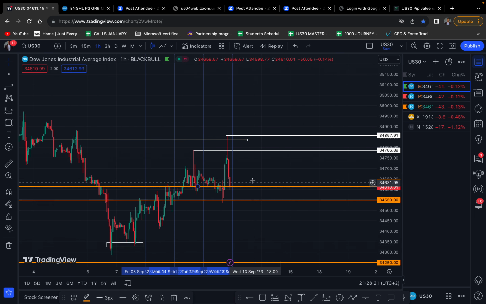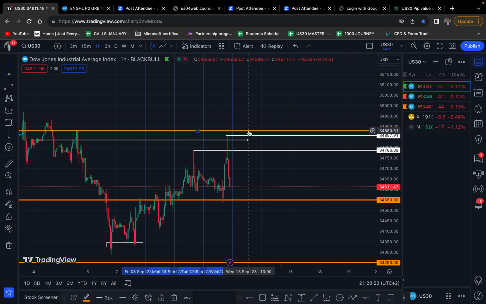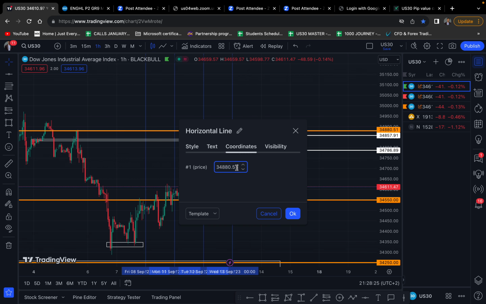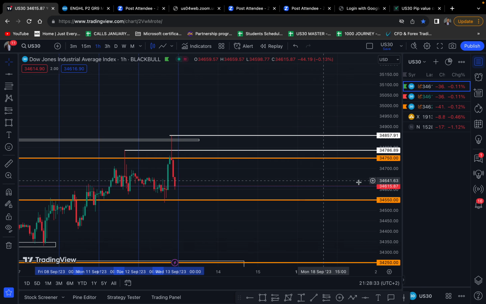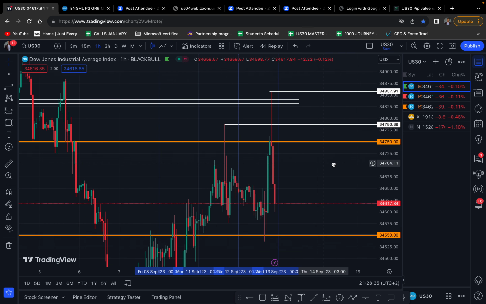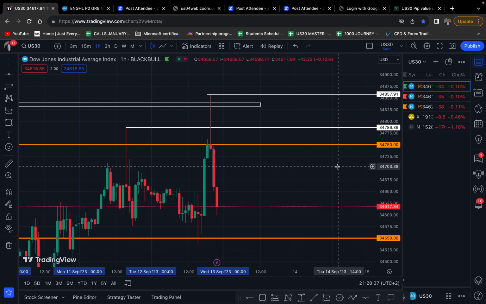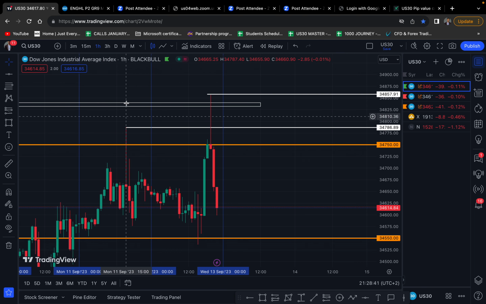Do we have another key level? So we have another key level. We see this key level holding the market more than once. The market did give us some strong buys, but it closed below the key level. Again, it did give us some strong buys, but it closed below the key level.